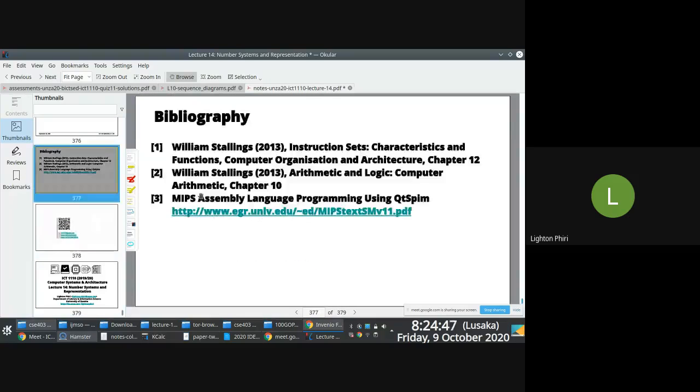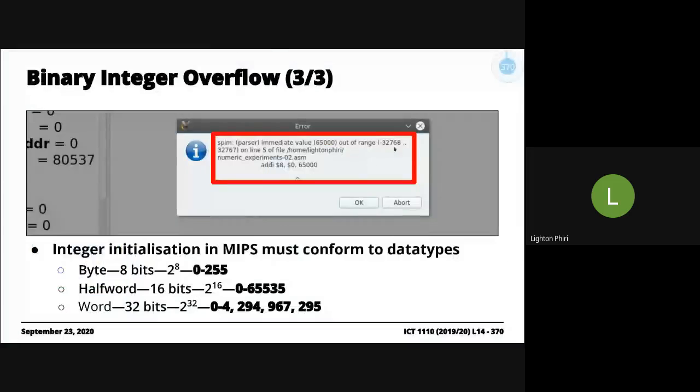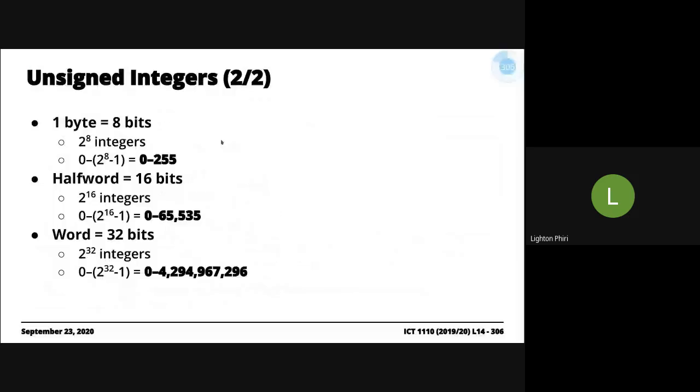You might find yourself running into these sorts of problems, right? You run into errors where a number that you're trying to slot into, let's say, a register that can only hold 16 bits goes beyond the maximum threshold, then you get an error, right? Because the value that can be held in that register cannot go beyond a certain threshold. Right? So this is for unsigned integers or positive integers.